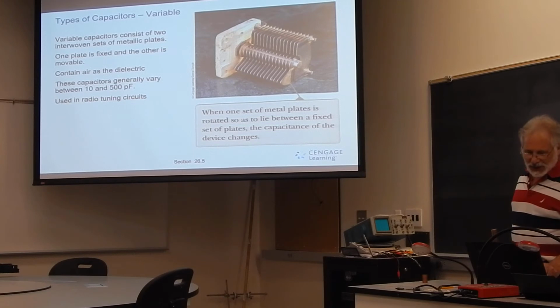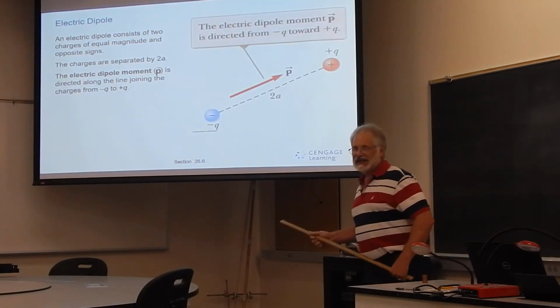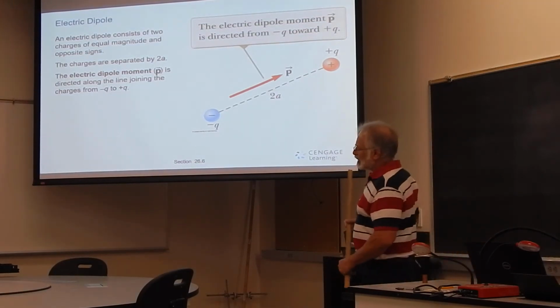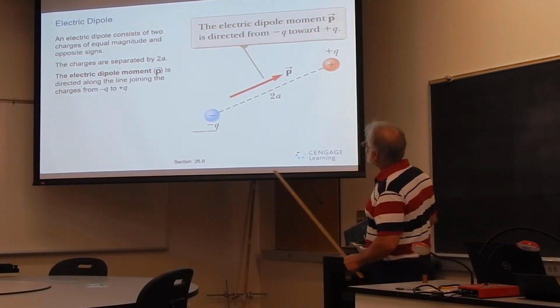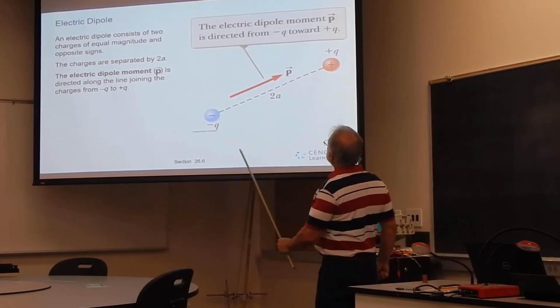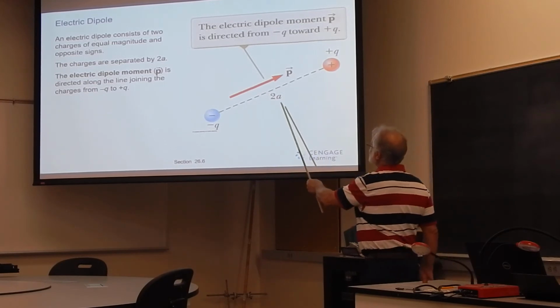We've mentioned one of these terms before. That's electric dipole. We talked about finding the electric field and electric potential due to an electric dipole. I'm going to talk a little bit more about them. We've said that it's a positive charge and a negative charge that are equal, separated by some distance. In this case, they're calling it 2A.